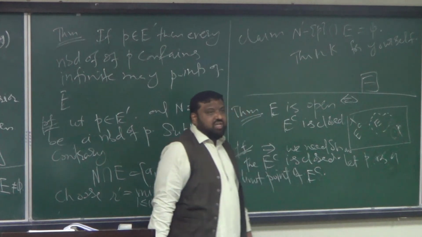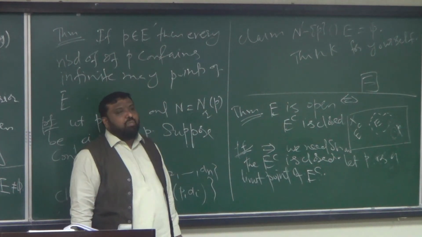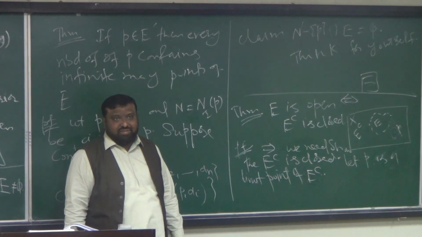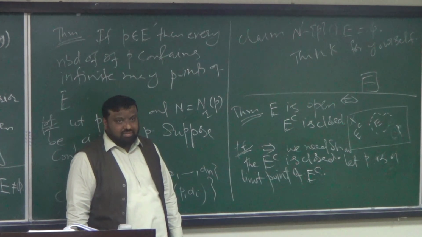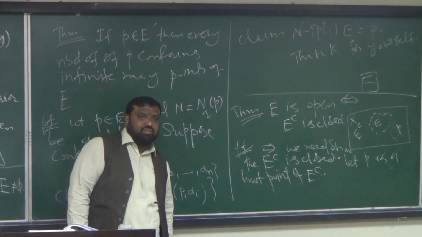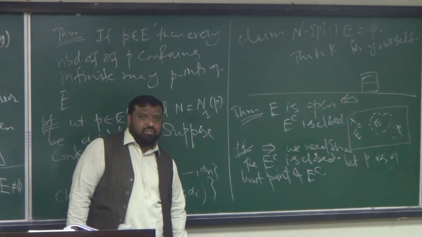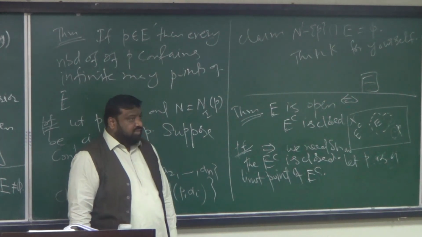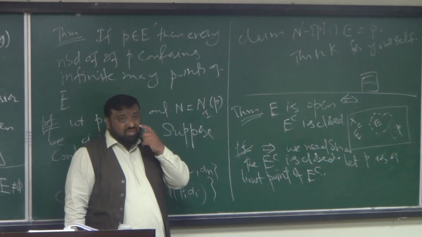So suppose it is not in E. Because E is open, every point of E will have its neighborhood in E. So there will be no intersection with E complement, so it must not be a limit point of E complement. This will be the argument.